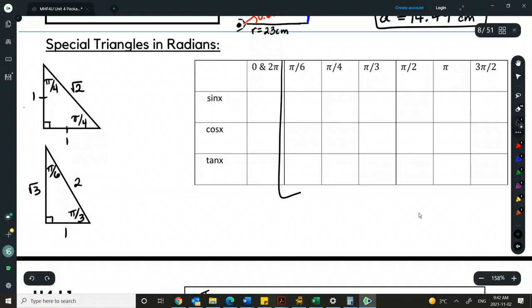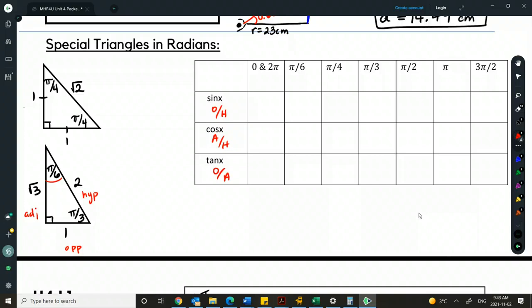Okay, so we're going to fill in our chart. Let's start with the pi over 6 and pi over 3 triangles. If I choose pi over 6 as my reference angle, this will be opposite, adjacent, and hypotenuse. We're going to plug these in for sine, cos, and tan. Remember, sine is opposite over hypotenuse, cos is adjacent over hypotenuse, tan is opposite over adjacent.